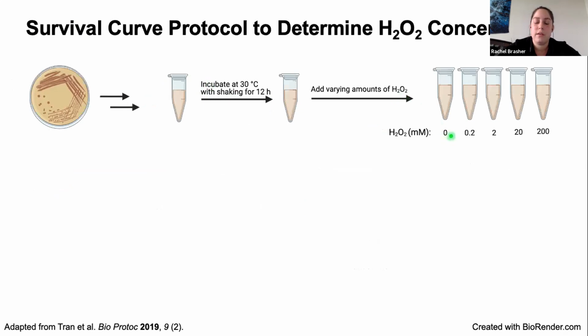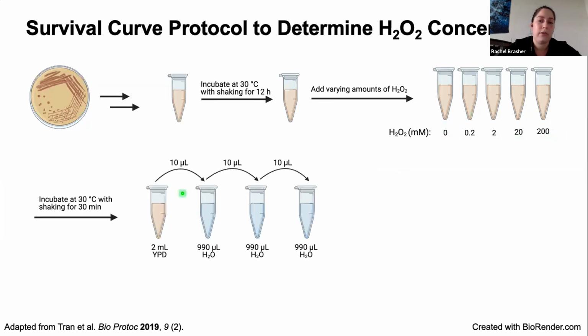I decided to use 0 millimolar hydrogen peroxide as the control non-stressed condition, and then use 0.2, 2, 20 and 200 millimolar hydrogen peroxide as the stressed conditions.